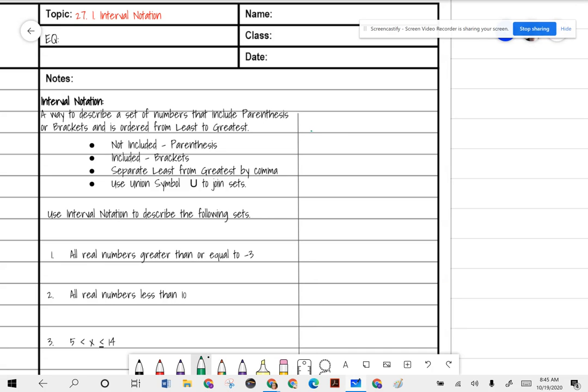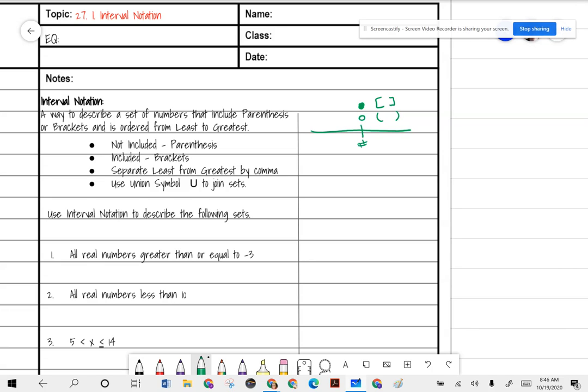When you have a number line, you either have a number that has an open or a closed circle. If the circle is open, you are going to use parentheses. But if the circle is filled in, if it is closed, you're going to use brackets.